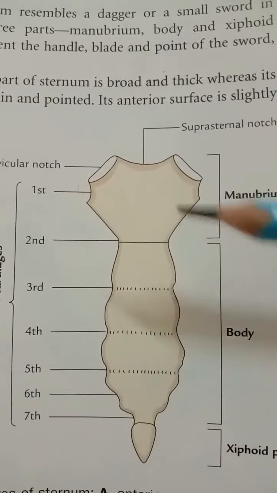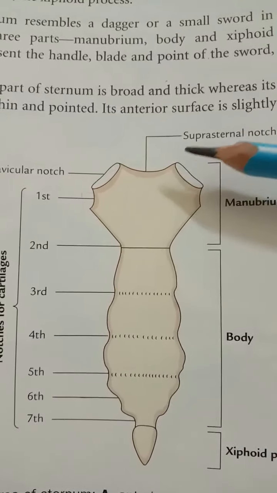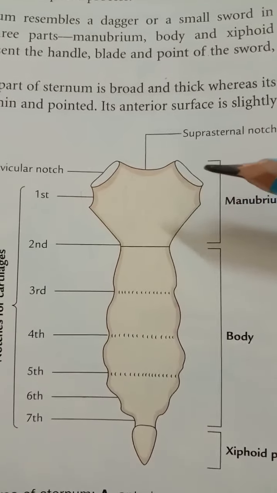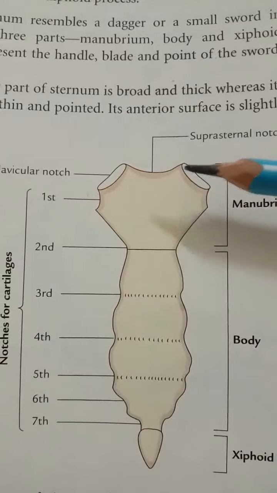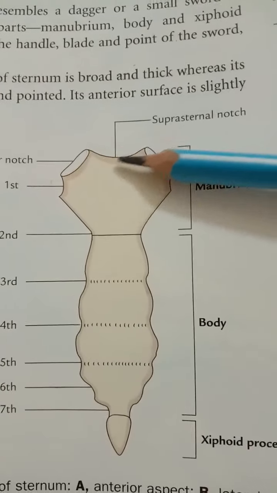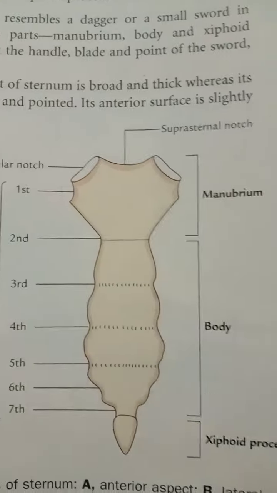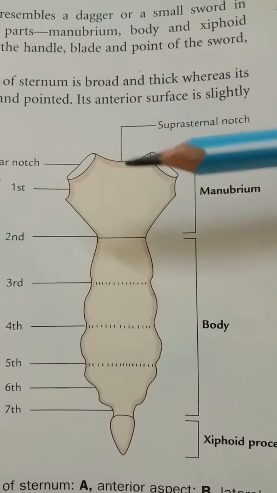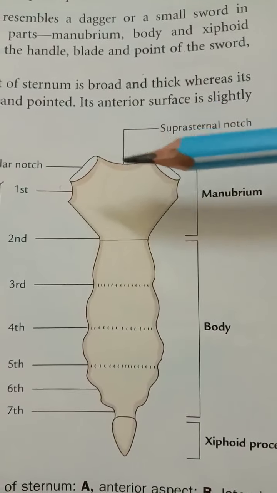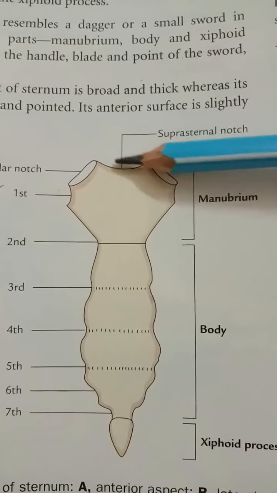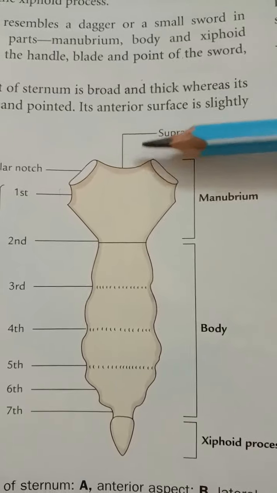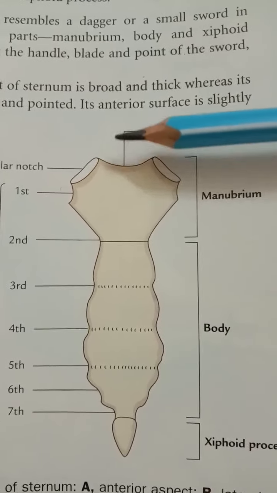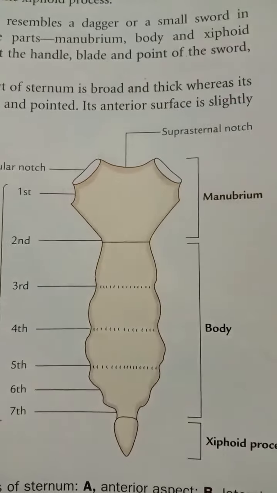Then the superior border. The superior border is thick, rounded and concave. Here you can see it is marked by the suprasternal notch. The suprasternal notch is also called the jugular notch or the interclavicular notch.